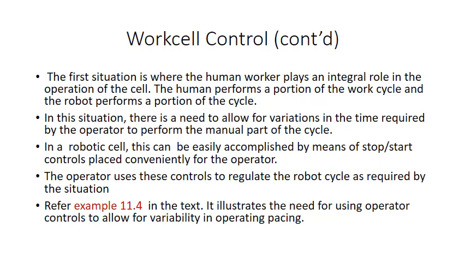In a robotic cell, this can be easily accomplished by means of stop-start controls placed conveniently for the operator. The operator uses these controls to regulate the robot cycle as required by the situation.